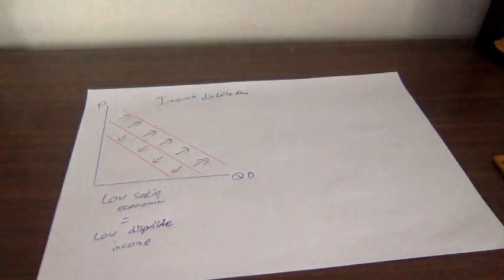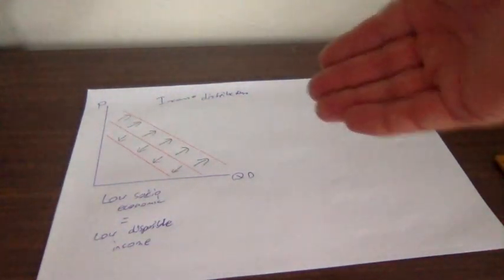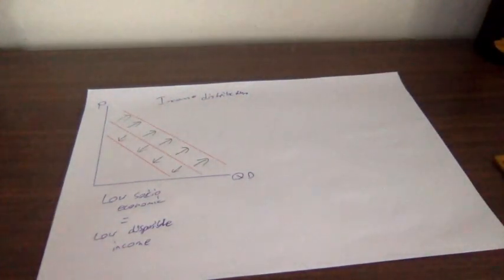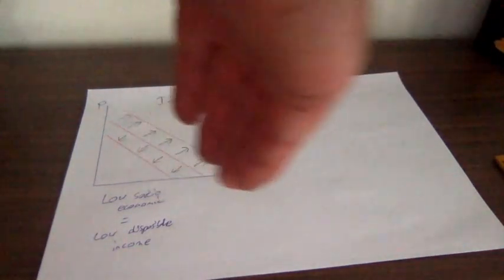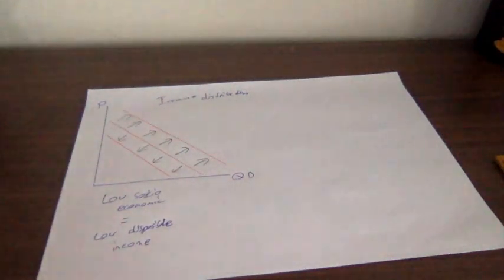But that then becomes a range of different prices or different businesses and what they're trying to achieve. But in general, when we're looking at quantity demanded, if there's low socioeconomic status, you're going to see a shift left because they have a lower disposable income, so there's going to be less consumption of products.